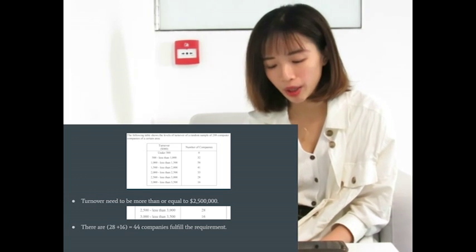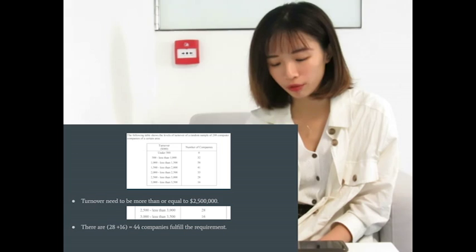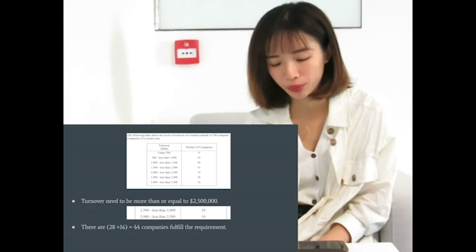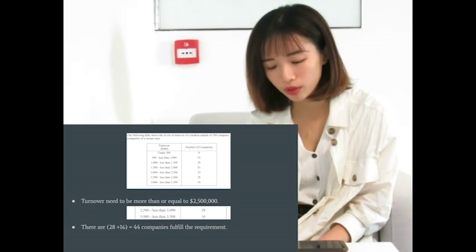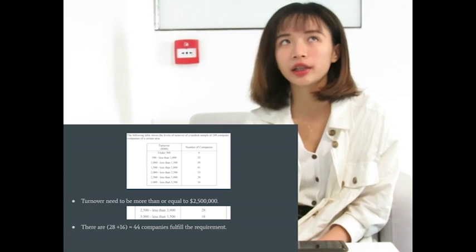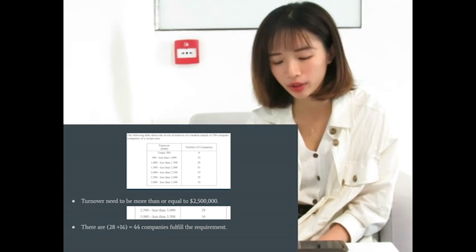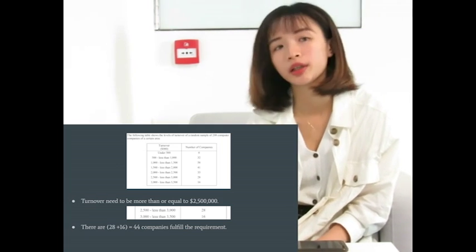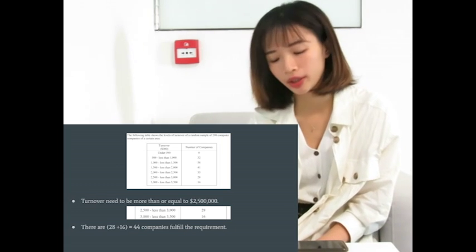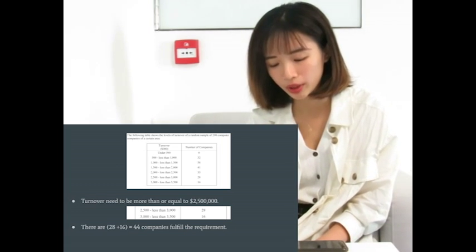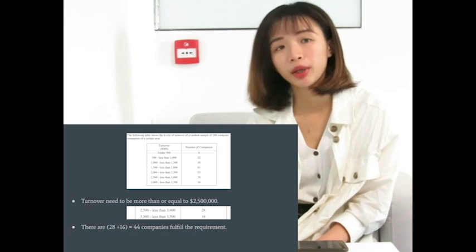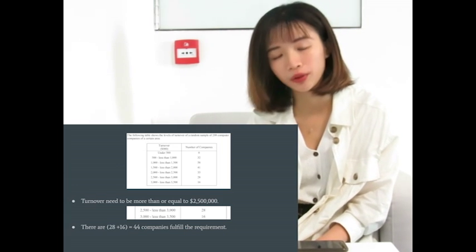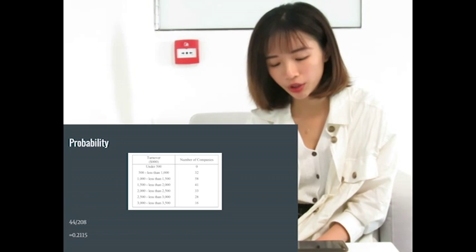From the frequency table, we can find that there are two levels of turnover that are more than or equal to 2.5 million. There are 28 and 16 companies in these two levels. After 28 plus 16, we can find that there are 44 companies that fulfill the requirement to make a profit of more than or equal to 700,000.